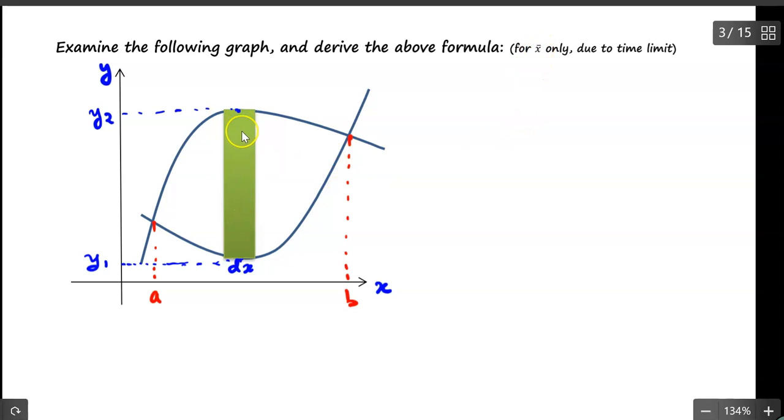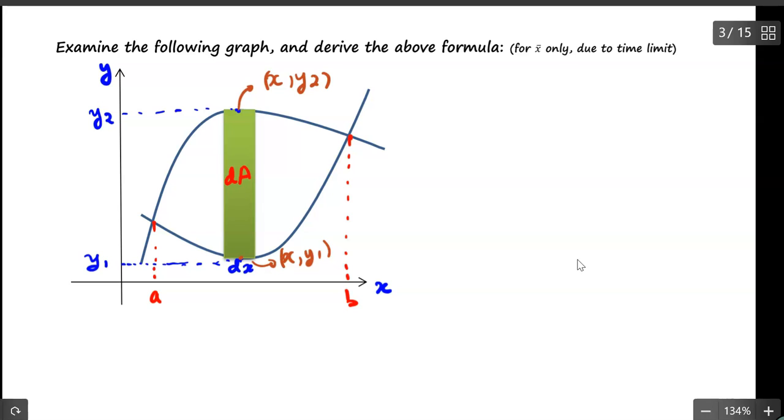I'm going to identify this as the area, so this would be my dA, the area for this particular element. The point on here I assign as x and y2, and right here as x and y1.